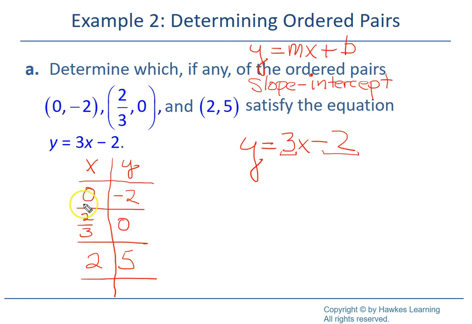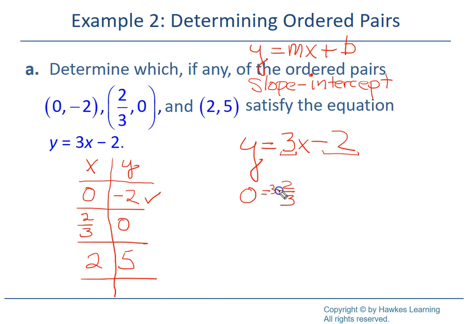So then what do we do here? Well, we substitute the x with a 0. So 3 times 0 is 0, so y equals -2, and that's what they have here. So this one checks. Now, for this one, we have to put a 0 for the y out here, a 2/3 for the x here, and that's times 3 here.